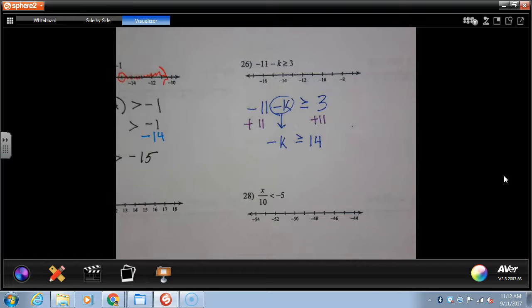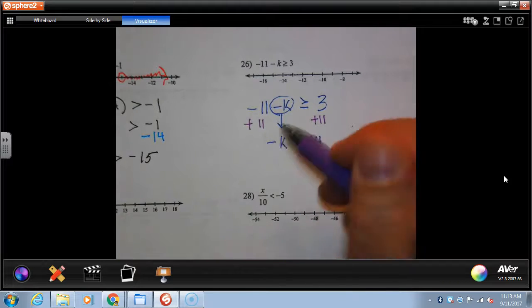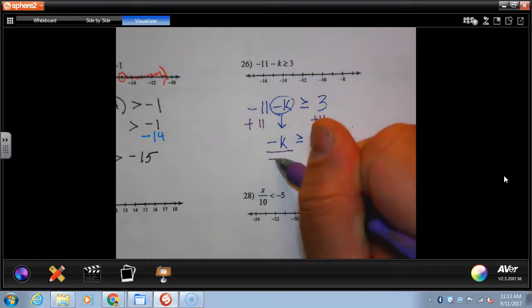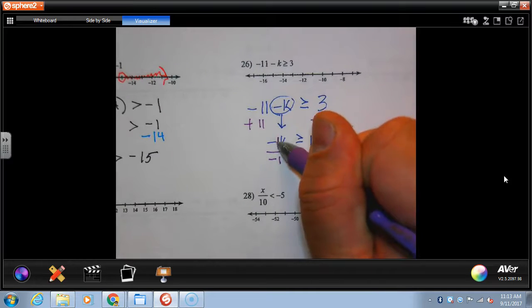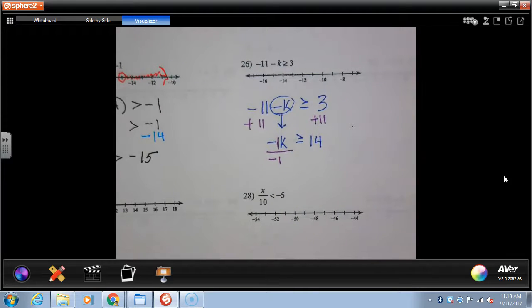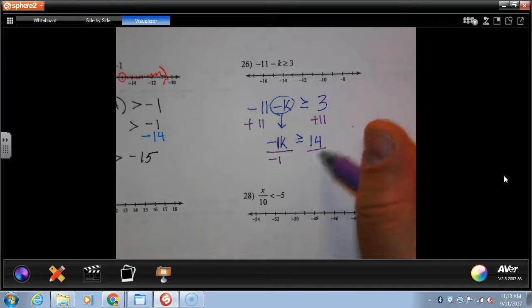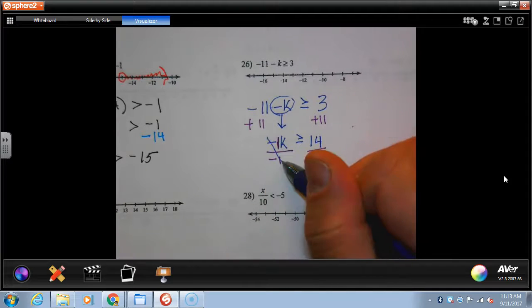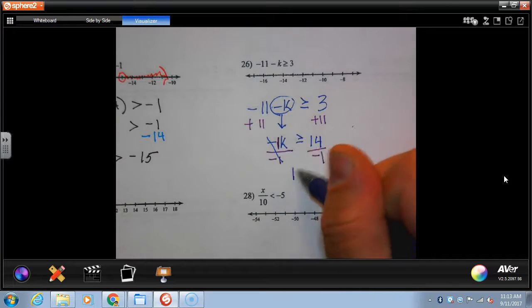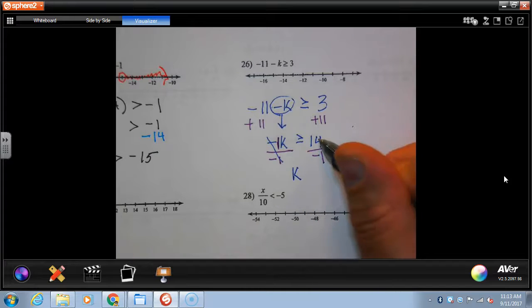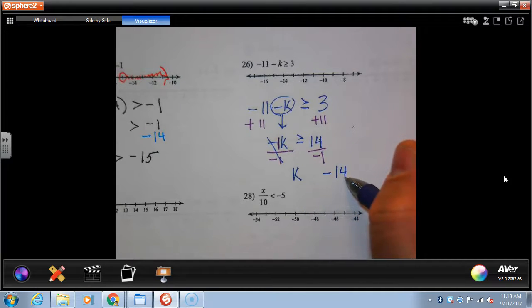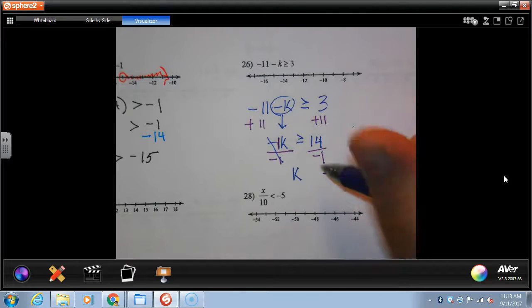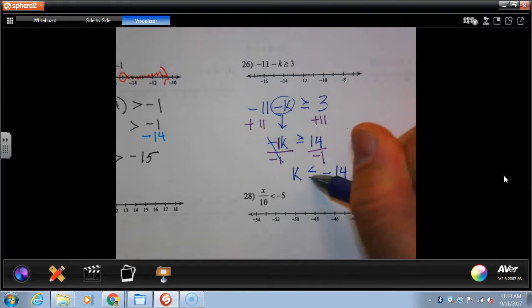So I'm going to divide both sides by negative 1. There's a 1 there. I have to get rid of that negative 1. So they cancel the 1. 1 times k is k. 14 divided by negative 1 is negative 14, but I divided by a negative number, so I have to flip my sign.